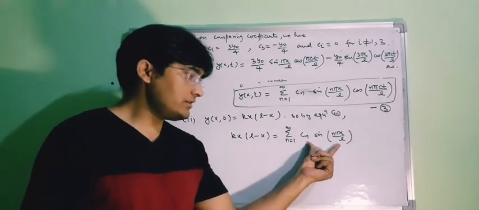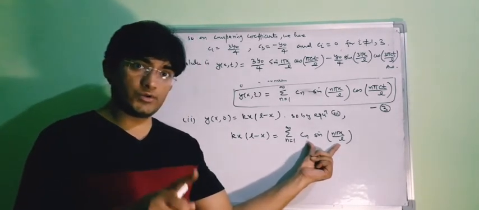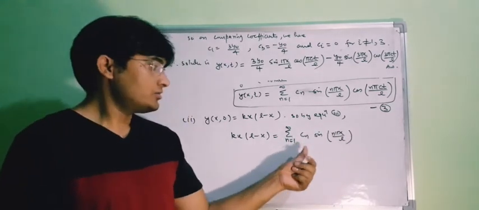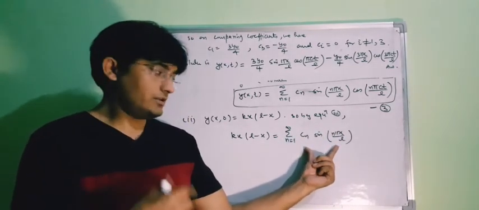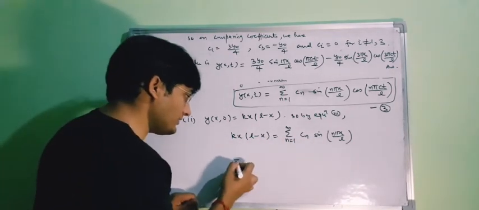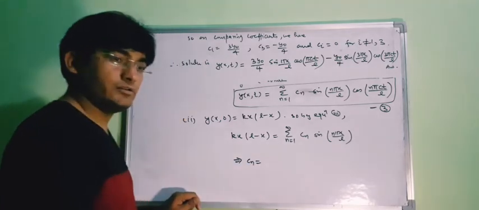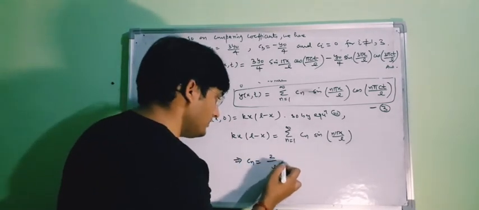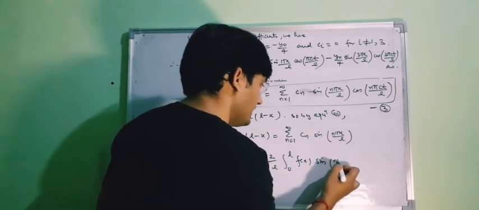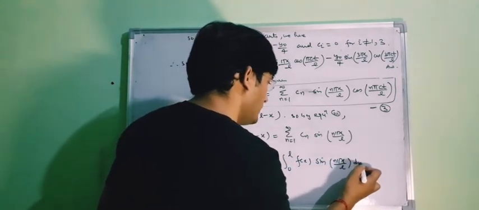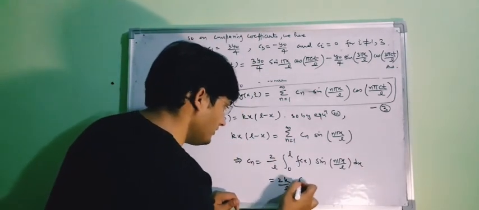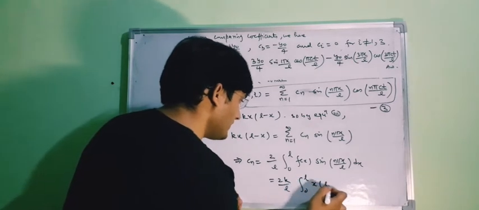Now see the right hand side. This is your half range sine series, as we have only one term of sine. So if the right hand side is half range sine series, then the Fourier coefficient will be Cn equal to 2 upon L, integral 0 to L, f(x) into sine n pi x upon L dx, where f(x) is k times x into L minus x.